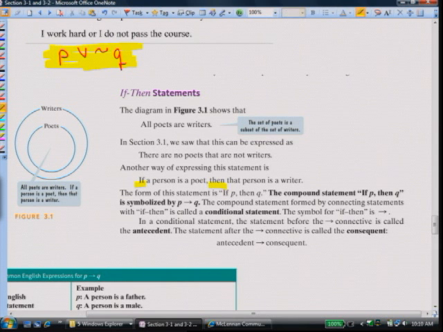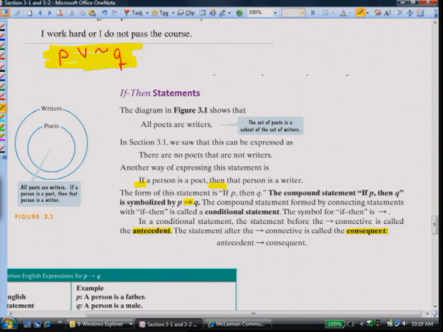This form of statement, if P then Q, is the compound statement, and the symbol is the little arrow pointing to the Q. The P is called the antecedent, and the Q is called the consequent, which is easy to remember because it's like consequence. If this happens, then this happens.